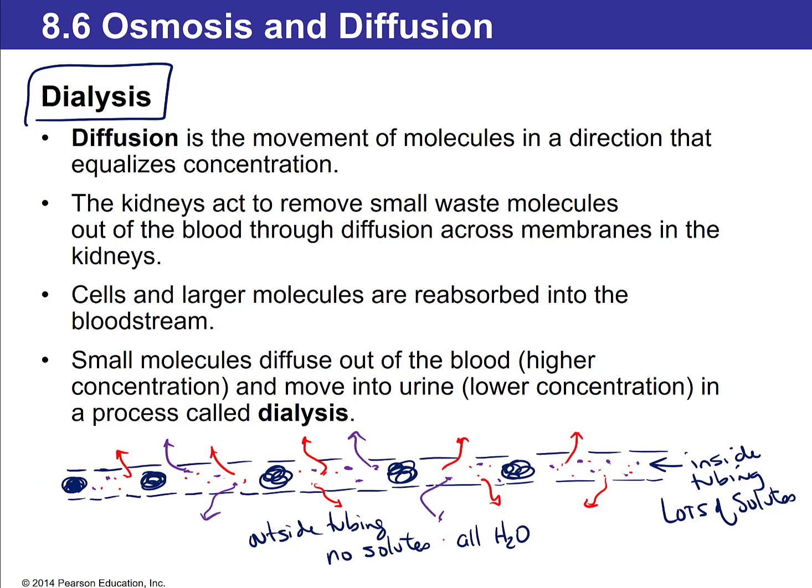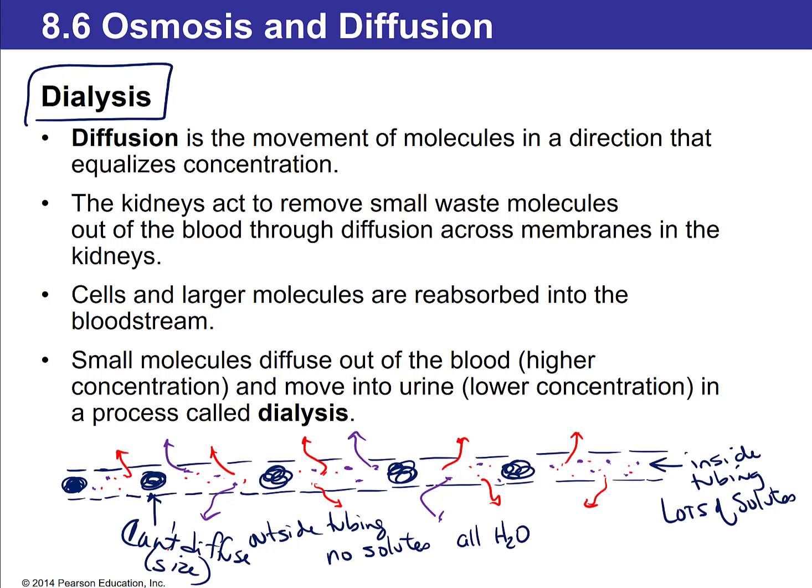It would always move from high concentration to low concentration until it reaches a balance. But now those big molecules, the starch molecules, did they pass through? No. They can't diffuse. They were too big. It's not that they didn't want to. They can't diffuse because of their size.